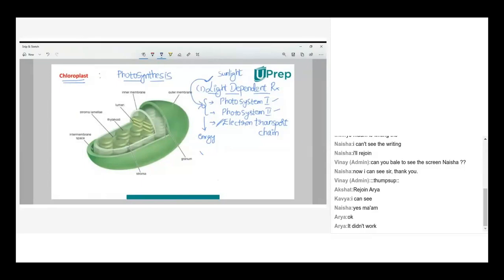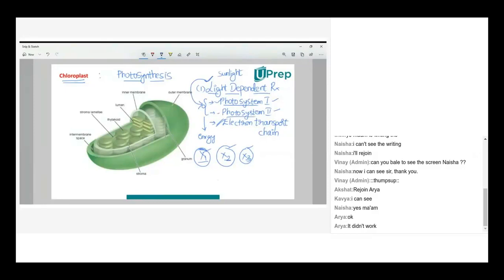For convenience, I gave examples like X1, X2, X3 in the last session. So X1, X2, X3 refer to various components of the photosystems. Their real names are different, and you are not needed to learn all those at this level. So I'm giving X1, X2, X3 for assumption purposes; assume these are different molecules in photosystem 1 and photosystem 2.